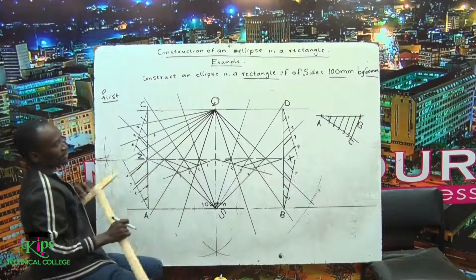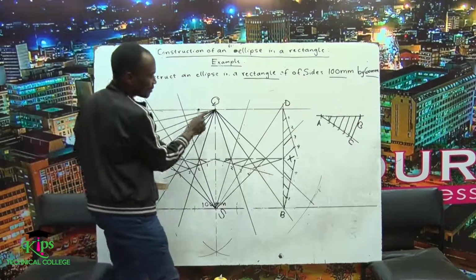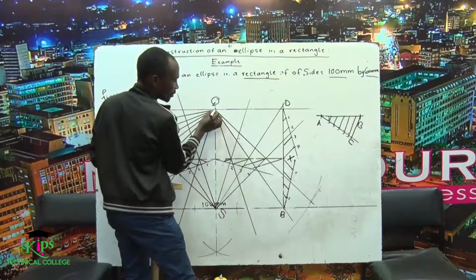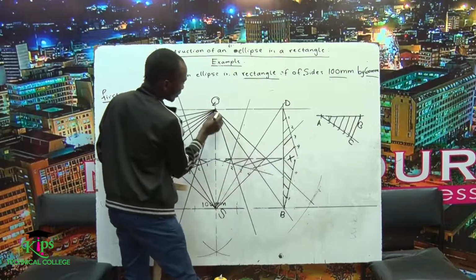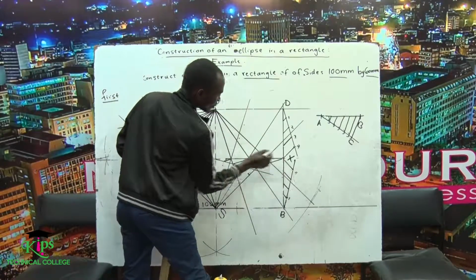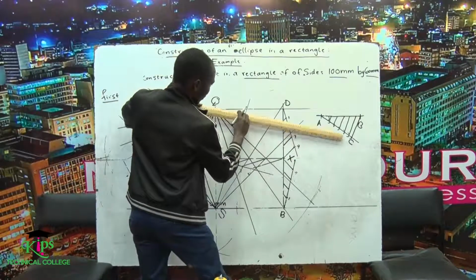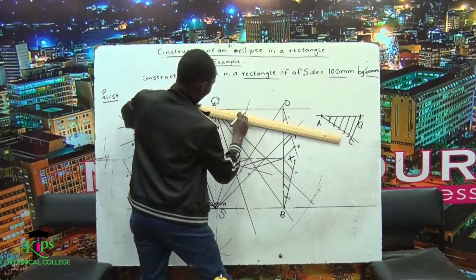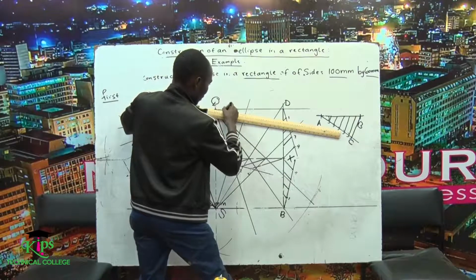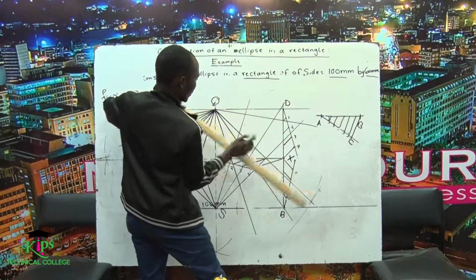Like that. So again, I'm also going to draw other lines now, starting from point Q to this point, from Q to this point, Q to this point, then Q to this point. Like that.